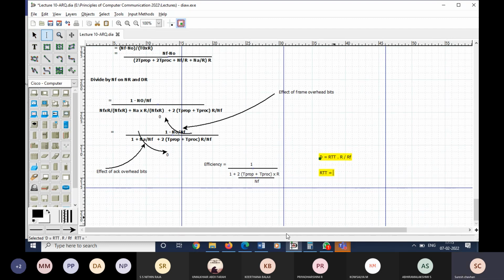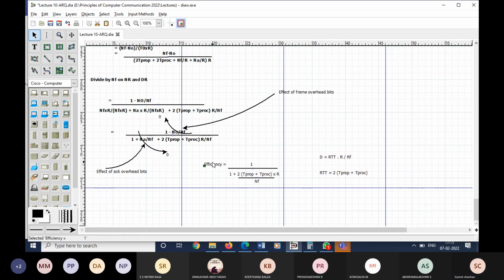In our case, the round trip time is 2 times T propagation plus T processing. Correct?